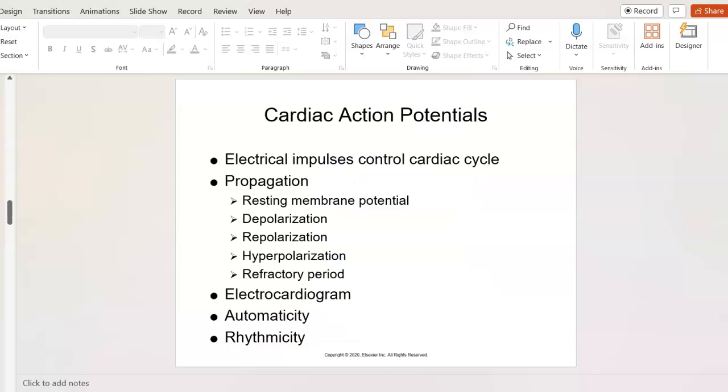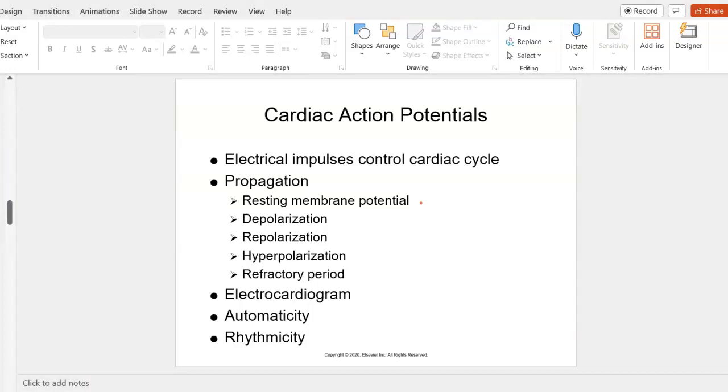So what gets a little wonky here is the phrasing here. And what is a little confusing about this, it says cardiac action potentials. Okay, so right, I'm going to break it down for you. So we're talking about the electrical impulses that go across the heart that perpetuate this signal.